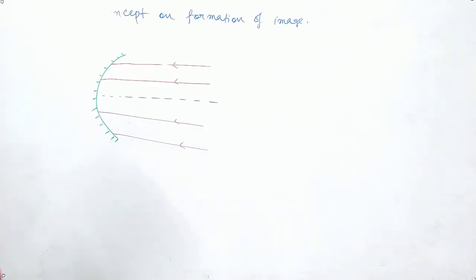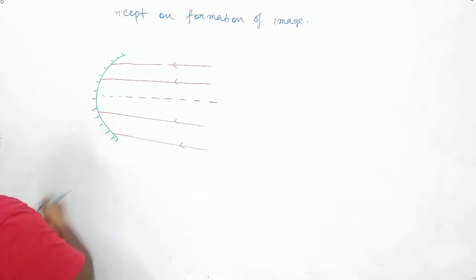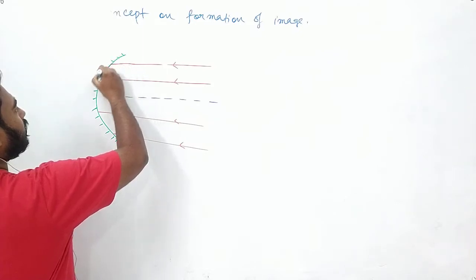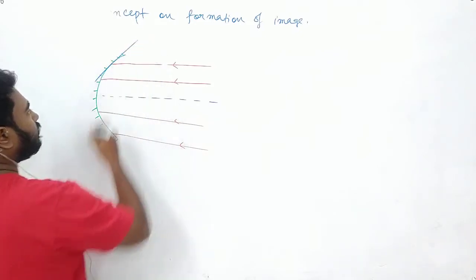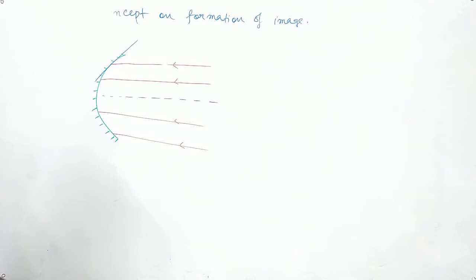See, in this case, when the rays of light fall on the surface, we have seen that wherever a ray of light falls, we draw a tangent, right?